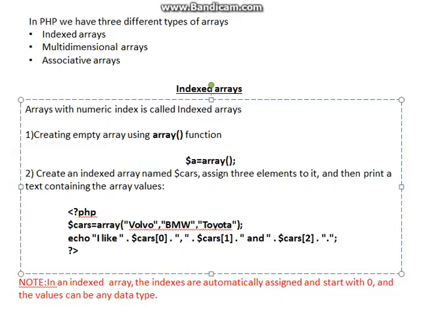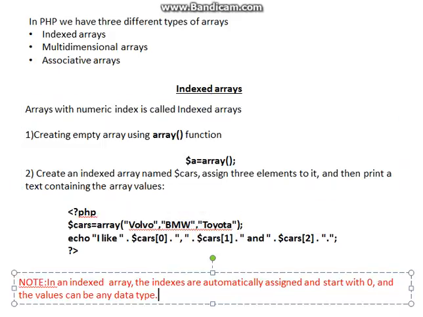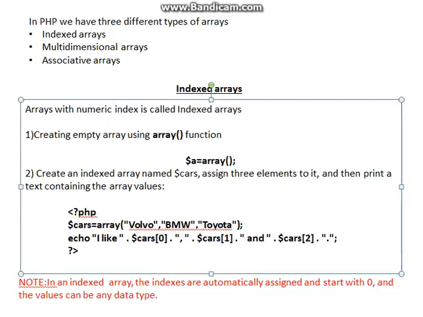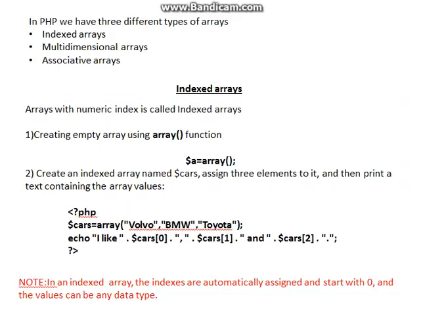By default in arrays, the first element is represented with the numeric subscript 0 and the second element with the numeric subscript 1. There is no need to mention these subscript values; by default they will be applied automatically.